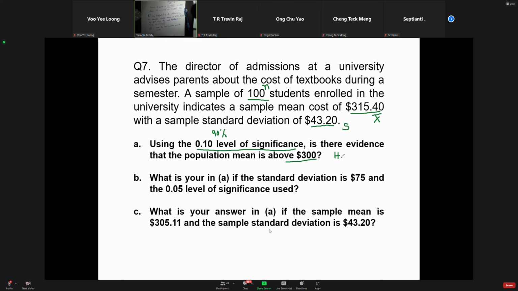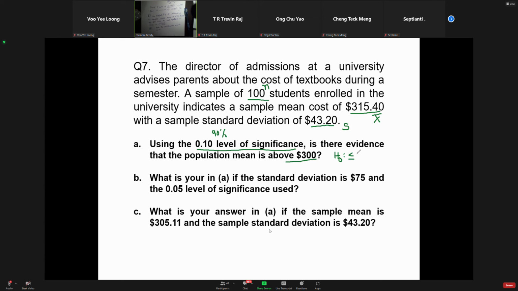So the null is, anyone? Is there evidence that the population mean is above $300? You are going to say that it is no more than $300.